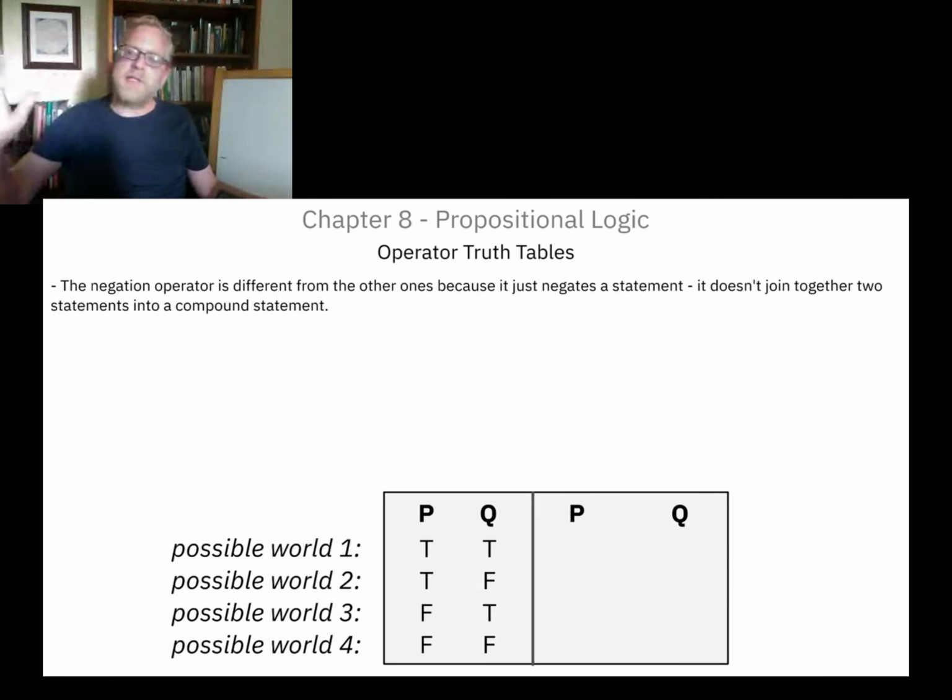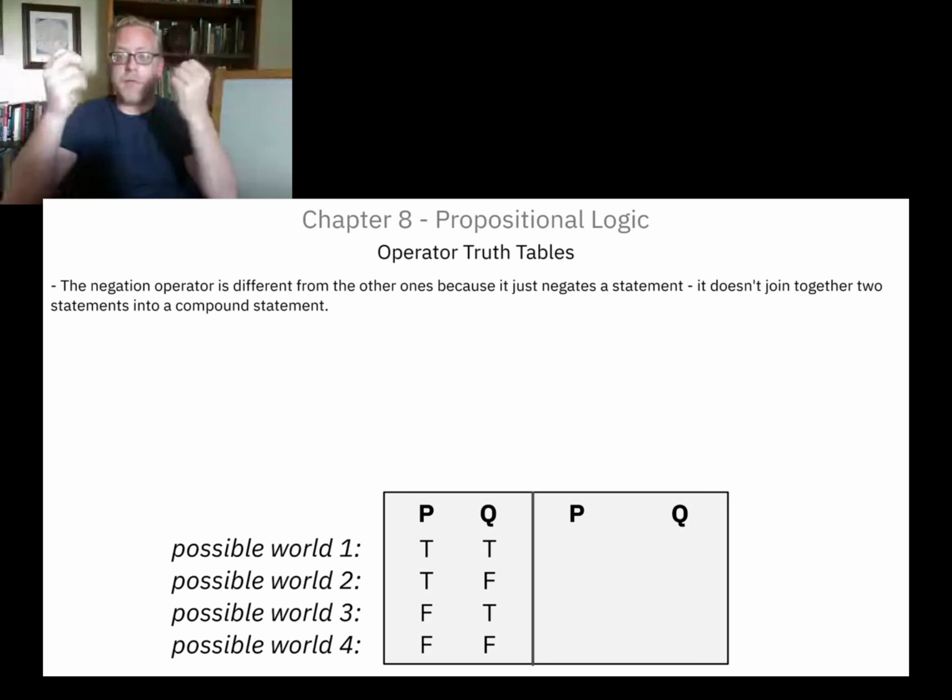So the negations, as I said, are a little bit different. Negations just negate a statement. They don't join together two statements. It's not the sandwich effect here. Now, negations can negate complex statements. We'll get to that later. But the important thing here is that they don't join together two statements. You don't have P not Q. That wouldn't make any sense.